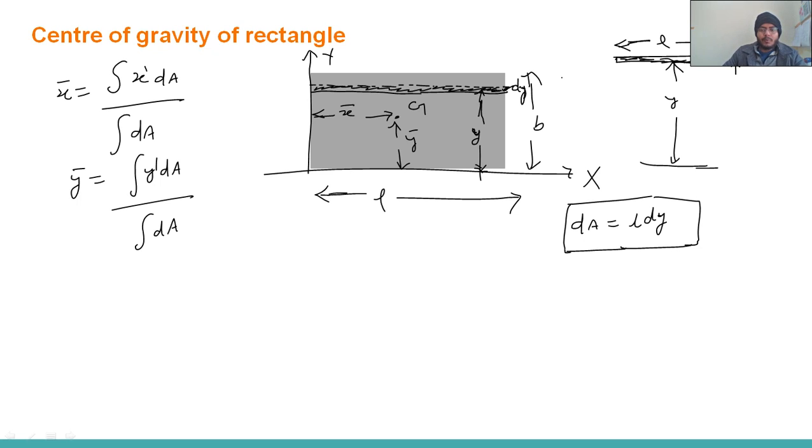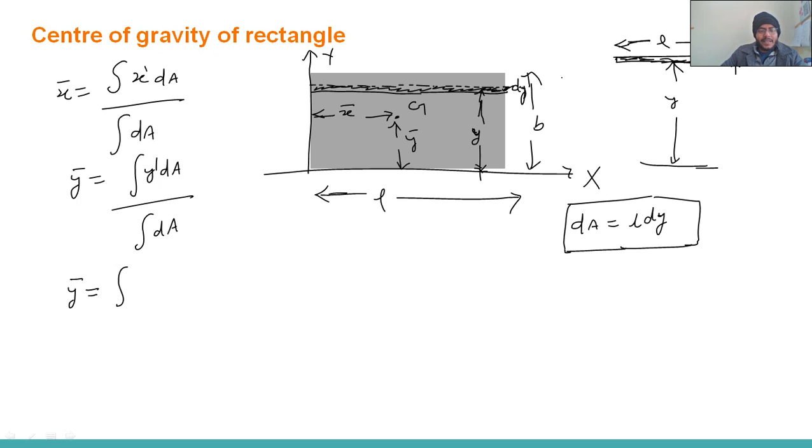Now I will put the value in y bar: integration of y dash dA divided by A. What is y dash? It is the centroid of the small area segment from the x-axis, so we have y.